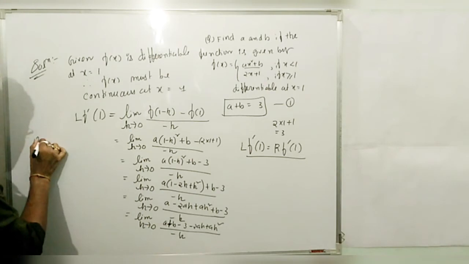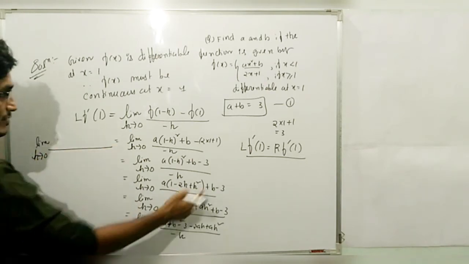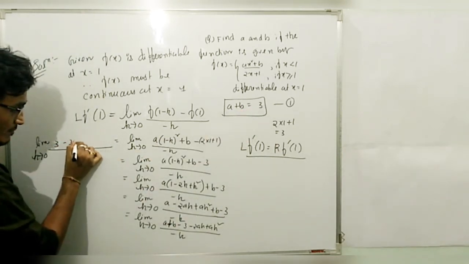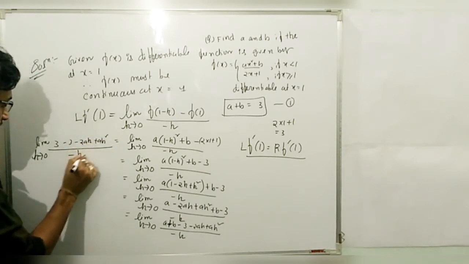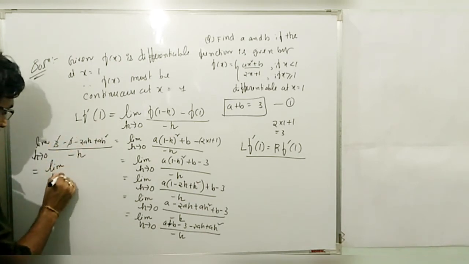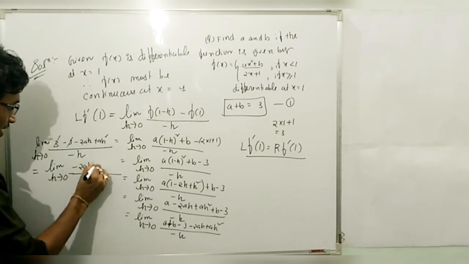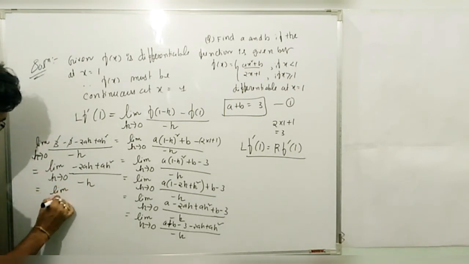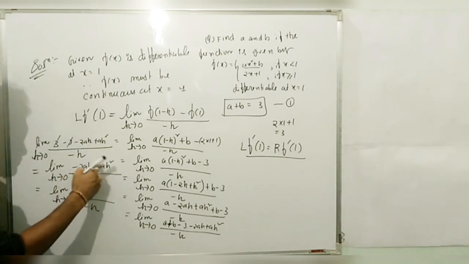Now from here, limit h tends to 0, a plus b means 3. So 3 minus 3, minus 2ah plus ah square, divided by minus h. So these 3s we can cancel. So from here, limit h tends to 0 minus h, so minus 2ah plus ah square. Now you can take common h from these two terms.